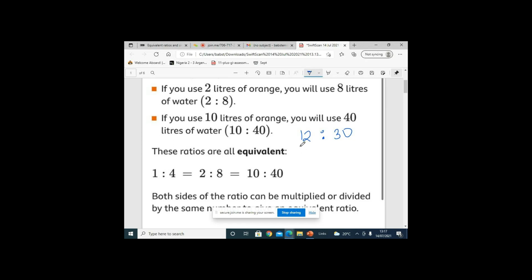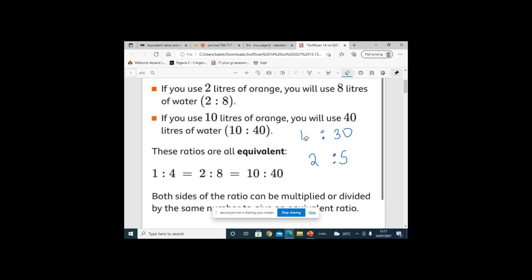You can divide both sides by 6. 12 divided by 6 is 2. 30 divided by 6 is 5. So it's going to be 2 ratio 5. You stop at that because 2 and 5 are not in the same times table except the 1 times table. So the answer is 2 ratio 5.